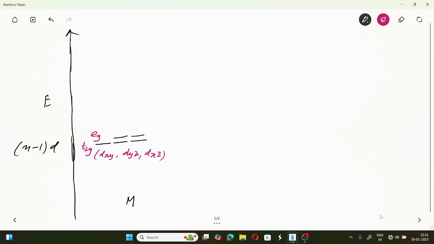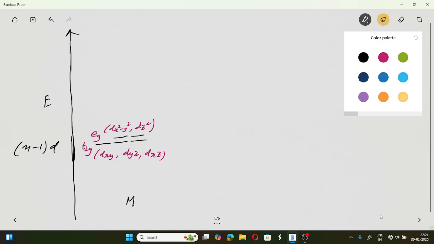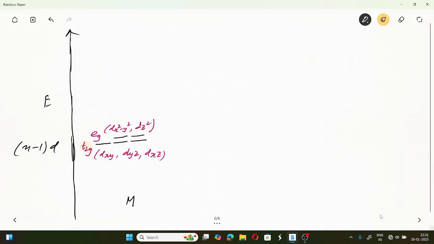So these are the three orbitals, and EG set means DX square minus Y square and DZ square. So we have divided them into symmetry groups, T2G and EG. These are the symmetry groups, but these orbitals, they are degenerate.